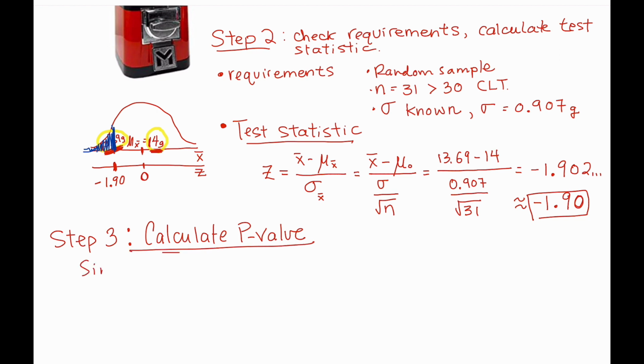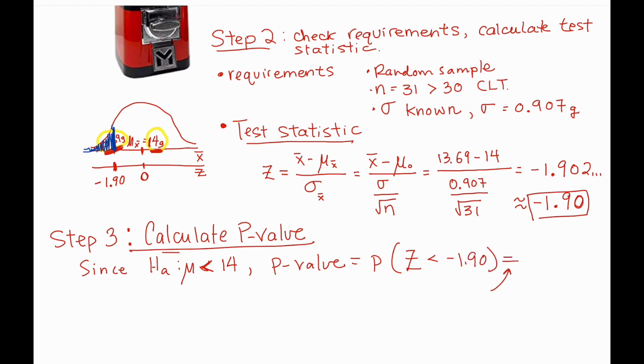Since the alternative hypothesis had a less than, the p-value is given by the probability of getting a z-score that is less than negative 1.90.